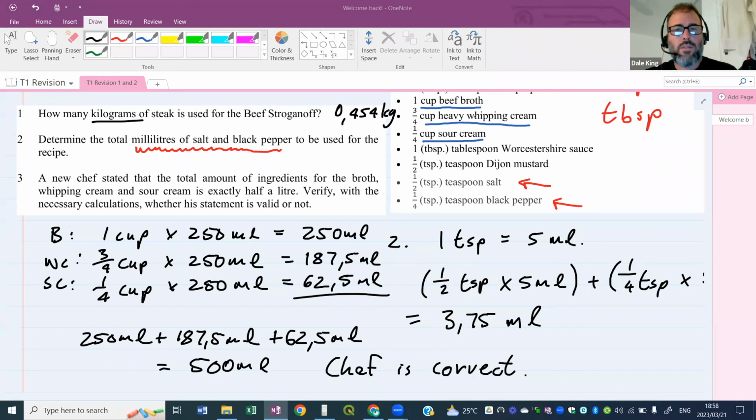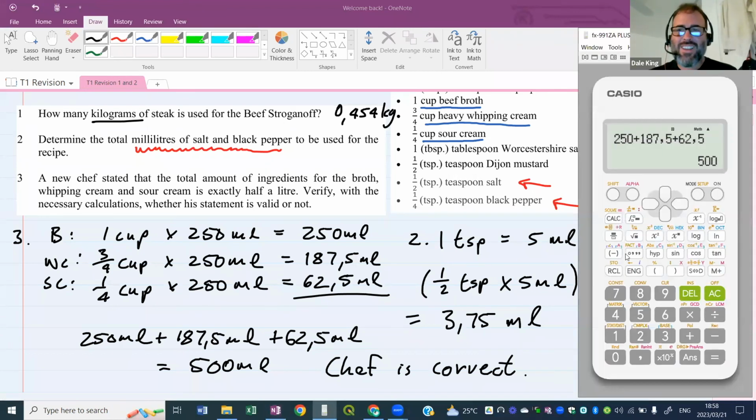All right. Does anyone have any questions? Any questions about question number 3? Very similar actually to question 2. Just while we're waiting, I'm just going to quickly do this all in one line to show you what it would look like.